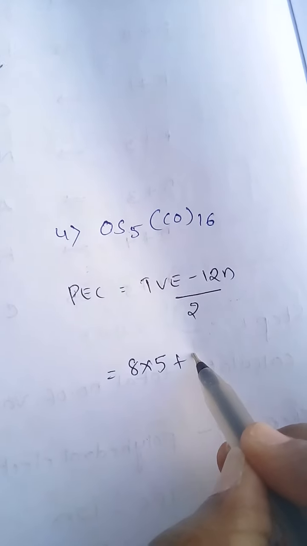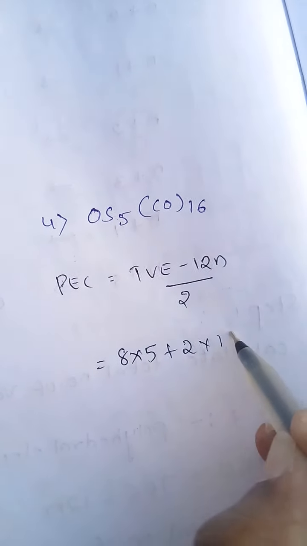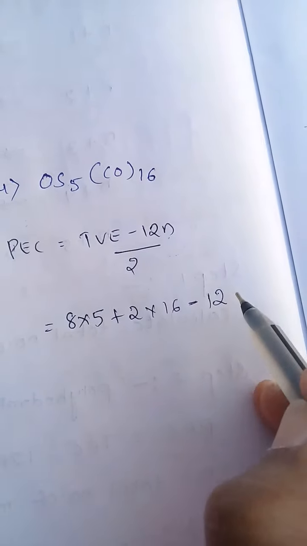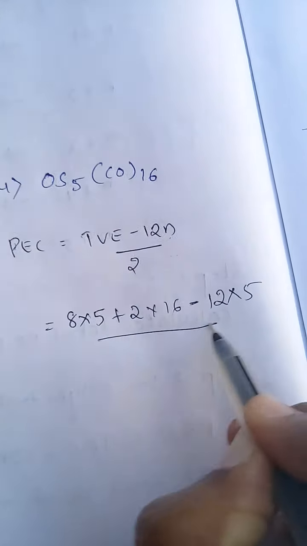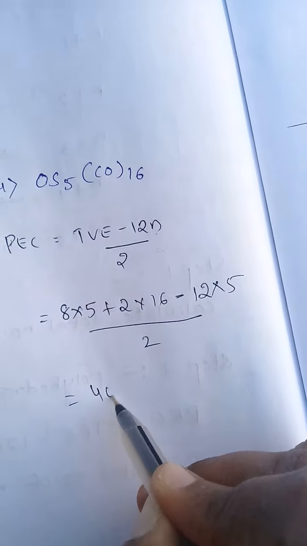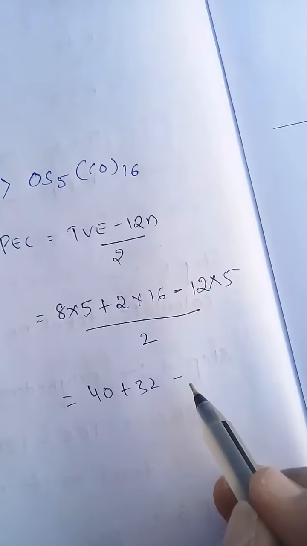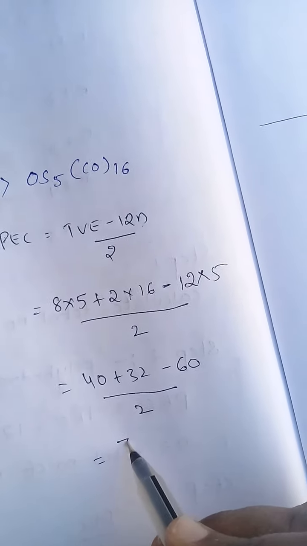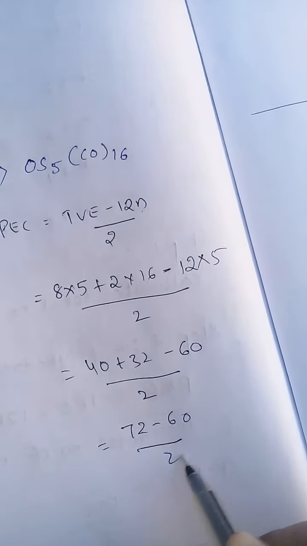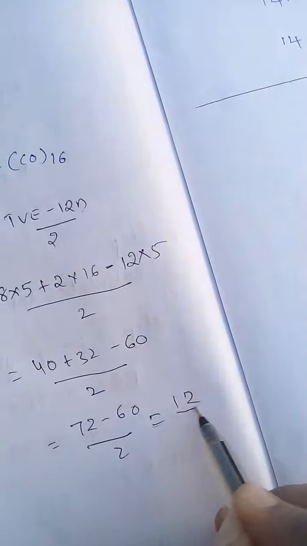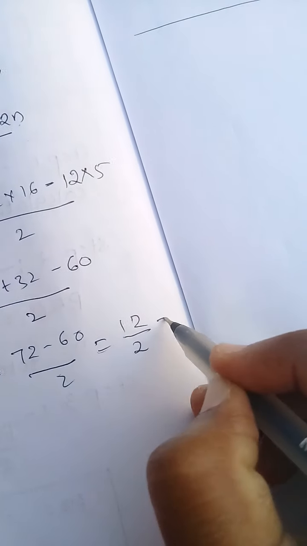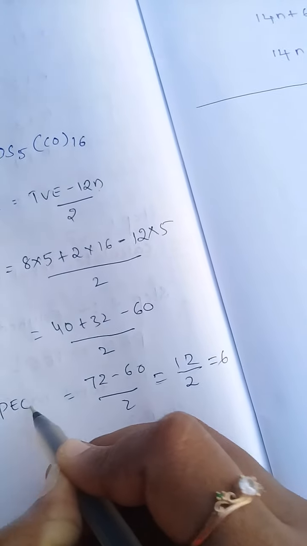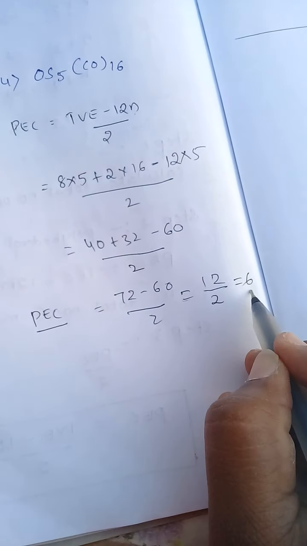Each carbonyl donates 2 electrons. 2 into 16 minus 12 into n, n means number of metal atoms, 2 into 5 by 2. 40 plus 32 minus 60 by 2. 72 minus 60 by 2. 6 electrons. See here, polyhedral electron count equal to 6 electrons.